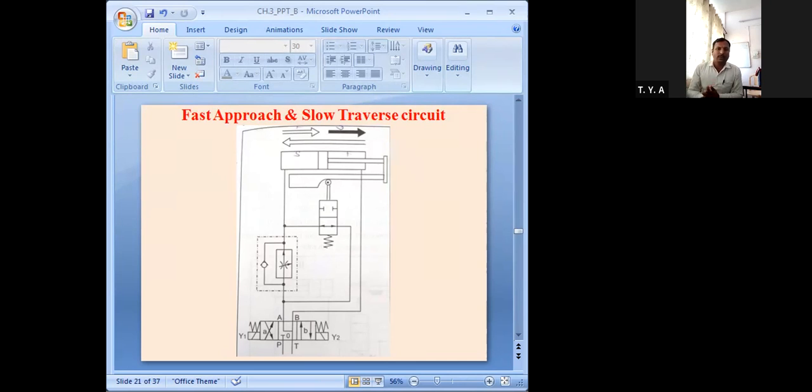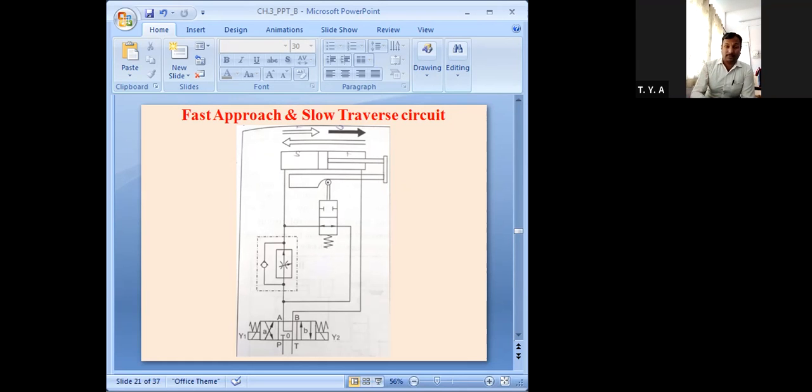Now let us discuss the next circuit, that is a fast approach and slow traverse circuit. Actually, as per the syllabus this circuit is not included, but you should know it as practical knowledge.